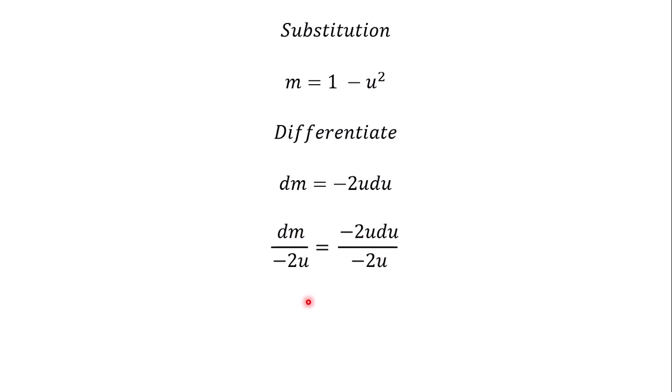So we are going to get du is equal to 1 over minus 2u dm. Sorry, du is equal to 1 over minus 2u dm. Let's put this into the integral and continue from there.